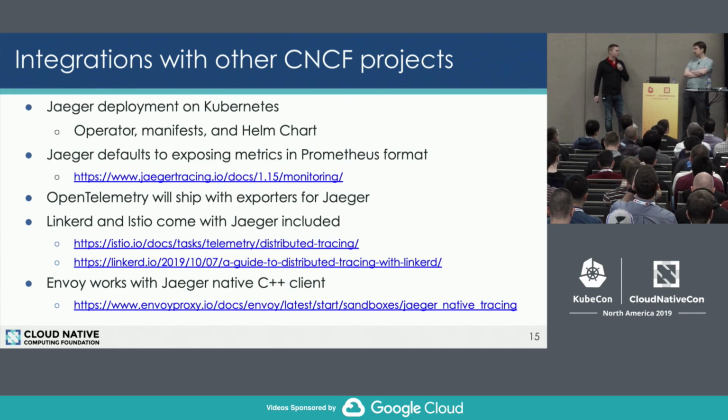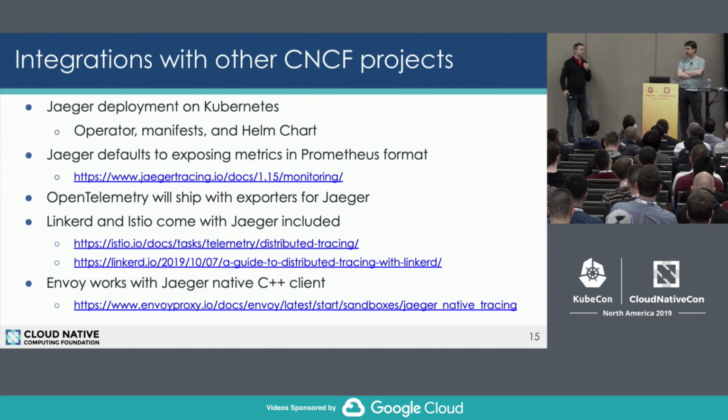What does the operator provide over manifests? The operator, well, it's not only about deploying Jaeger, but it's also about managing the deployment. So the operator will deploy Jaeger, but then it can also handle the updates, the monitoring, and so on. So it's more advanced. You don't have to understand how to deploy Jaeger to use the operator.